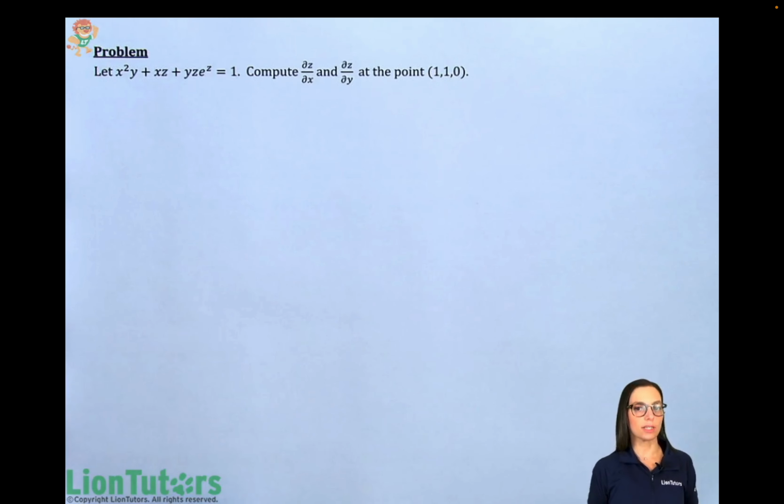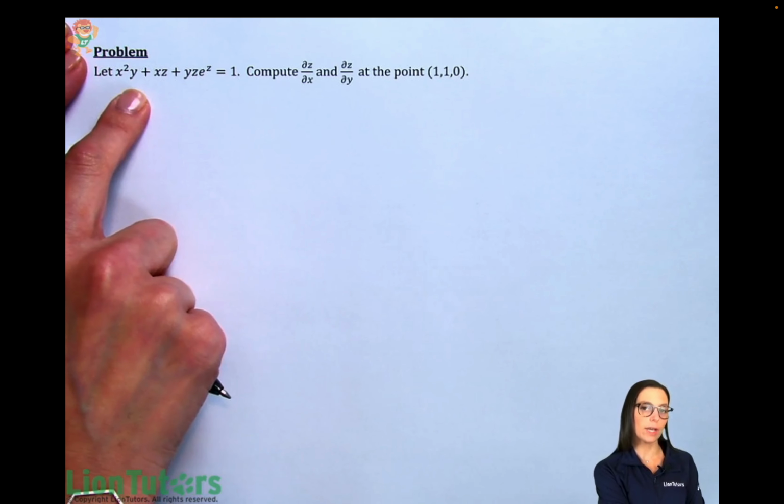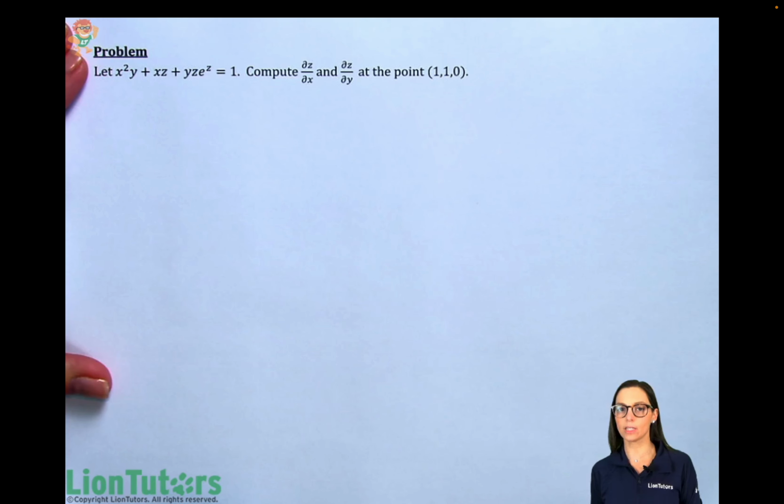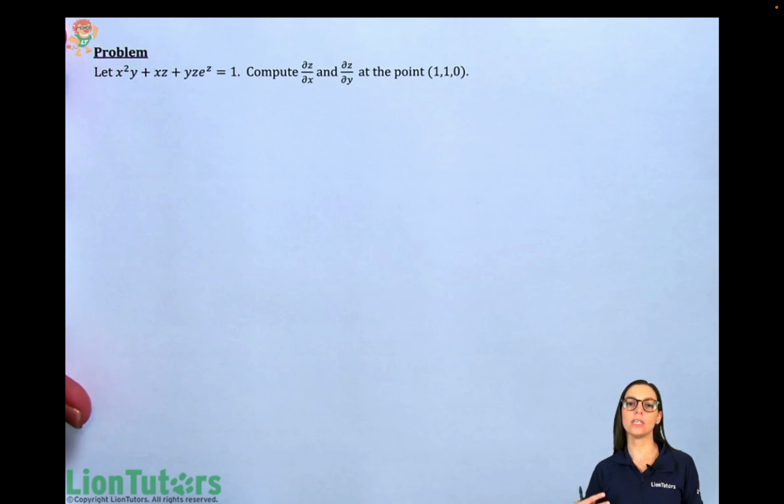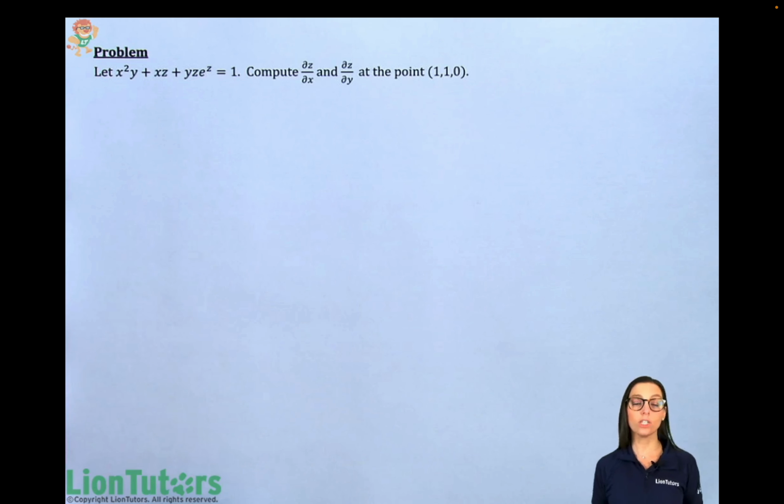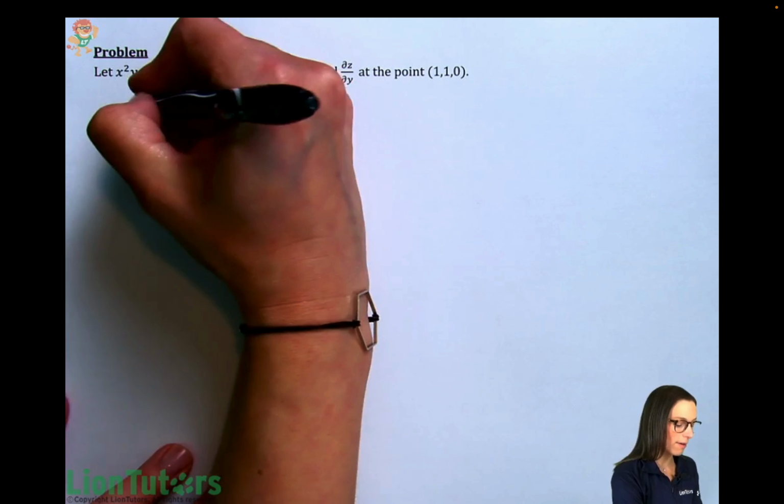So we can't treat this like a normal partial derivative. We can't solve for z. As much as you want to try here, there's no way to get this as z equals some function of x and y, so we can't take our partial derivative that way, so we have to use the implicit application of the chain rule, and that means the first thing we need to do is find what our F is.